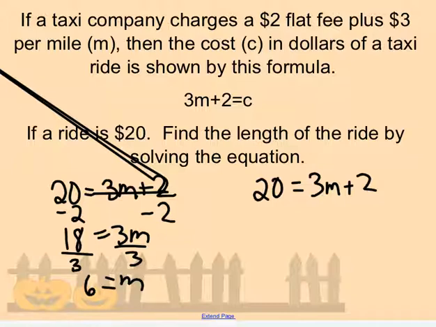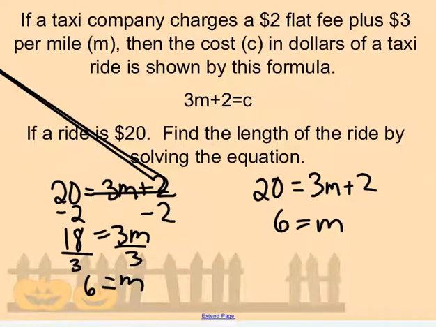That means I'm looking for a number times 3 equaling 18. So what number times 3 equals 18? That's 6. Just with some logic and knowing what we know about adding, subtracting, multiplying, and dividing, we can logically think about this and find that it's 6.